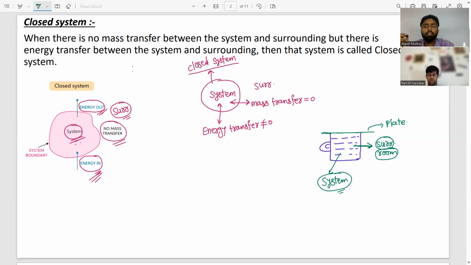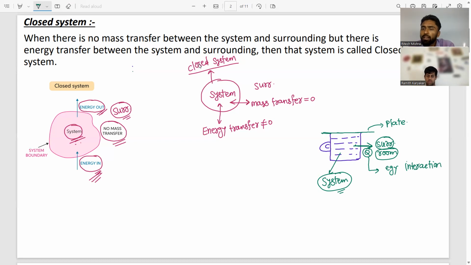When you put a cup of tea in your room and a plate over it, the tea becomes cold after some time. Why? Because there is heat transfer, there is energy interaction between the system and surrounding through the wall of the cup. Heat transfer is a form of energy interaction.